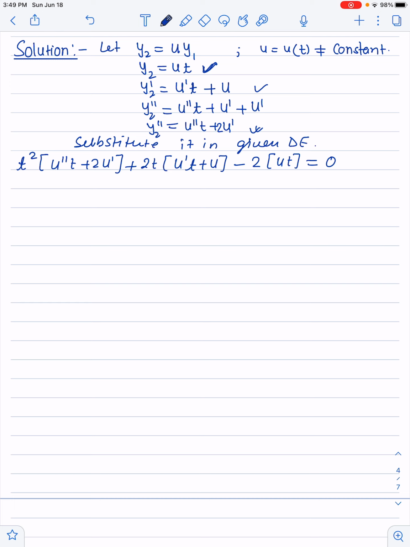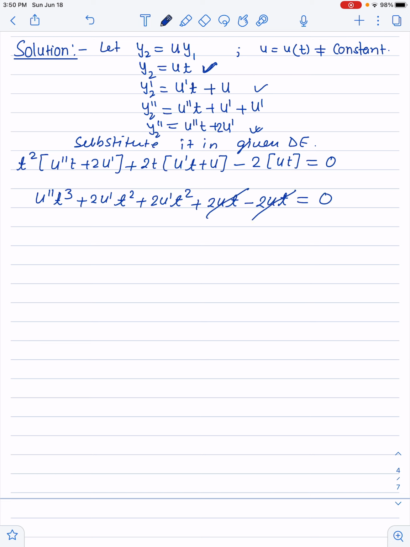Alright, so let's just simplify it. It will be u double prime t cube plus 2u prime t square plus 2u prime t square plus 2ut minus 2ut equals 0.